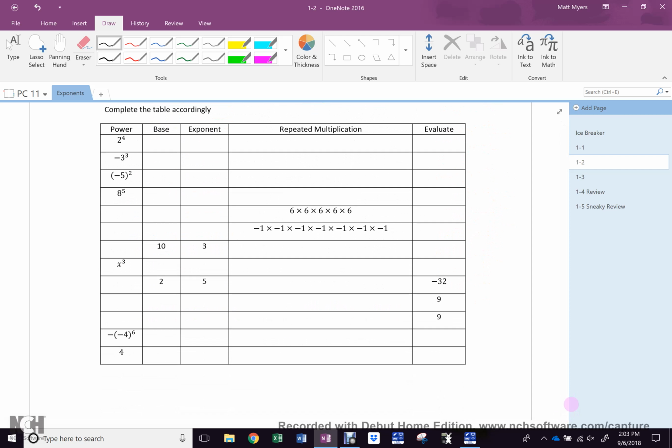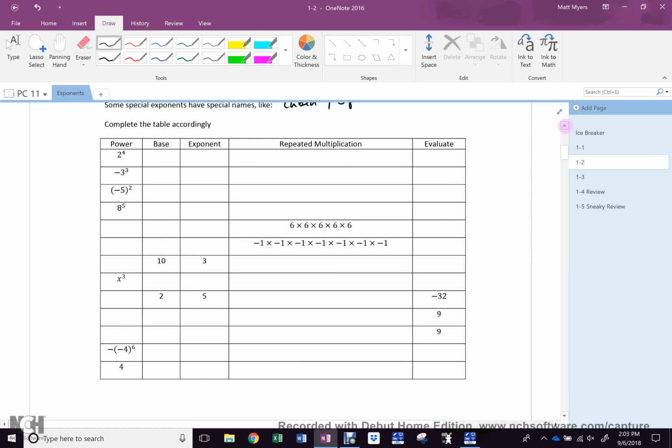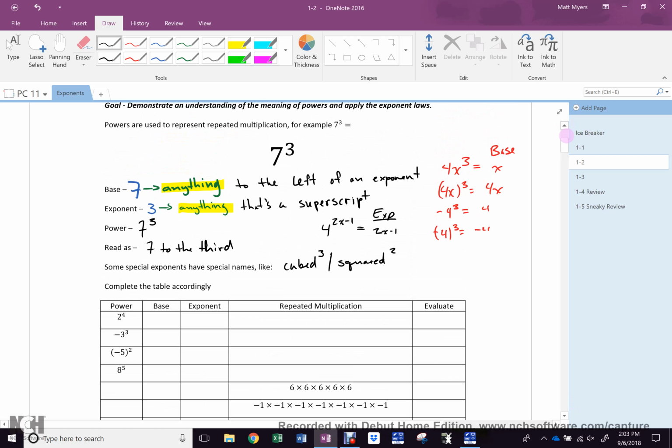All of you should be able to fill that chart in about 30 seconds. I'll slide up a little. If you're done with the notes, fill in the chart. It should literally take 30 seconds, for which, of course, means I'm going to give you 2 minutes. Remember what evaluate means? That means a number with no exponent.